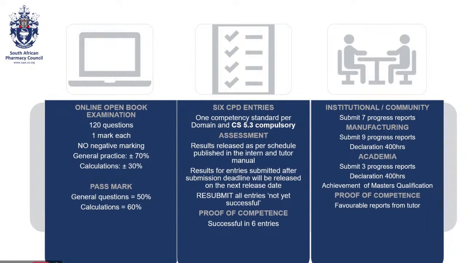Interns who are in institutional or community pharmacies are expected to submit 7 progress reports, and those in manufacturing are expected to submit 9 progress reports, as well as the declaration of 400 hours. And those in academia are expected to submit 3 progress reports, a declaration of 400 hours and an achievement of a master's qualification.